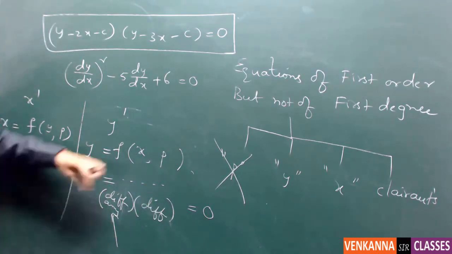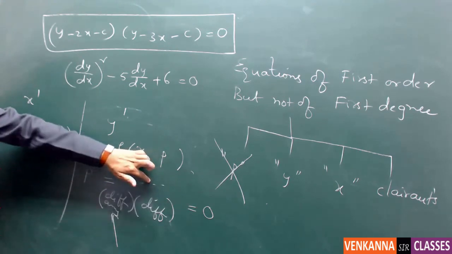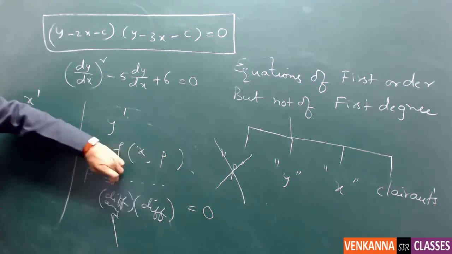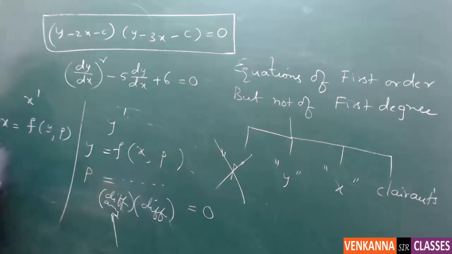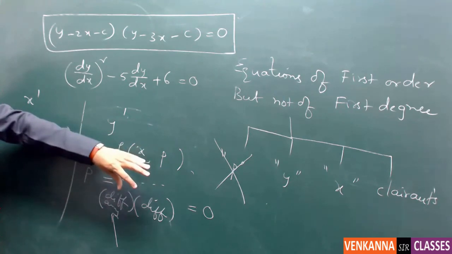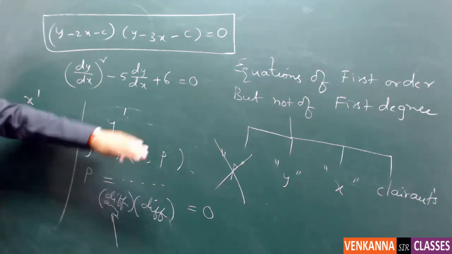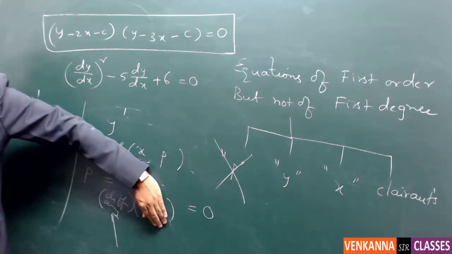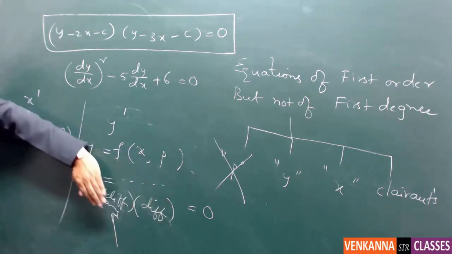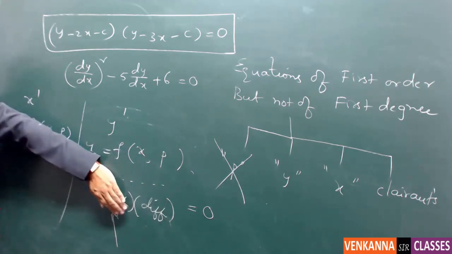Whenever the product of two things is 0, each factor must be equal to 0. Yes or no? So we consider the factor which contains the differential only, and we neglect the other factor.